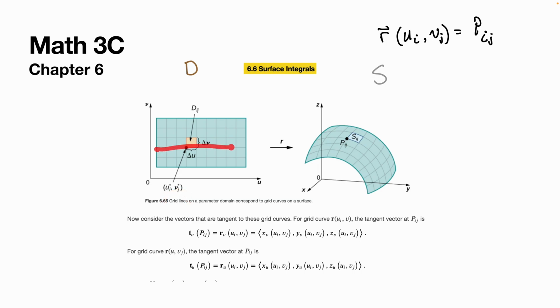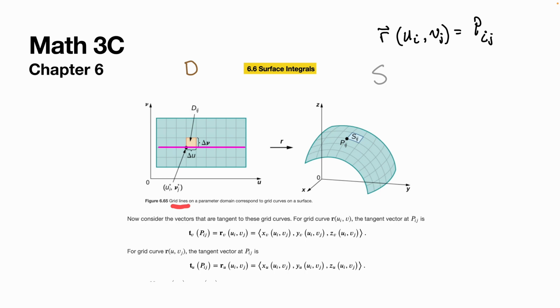But each of those points is occurring in the domain. And so it gets mapped over by the position vector. So if we concentrate on this one point, we know that it goes here. And for simplicity, if we concentrate on a point to its left, let's assume that the point on S is this point over here. So let's draw that in with some color. So let's take that grid line.